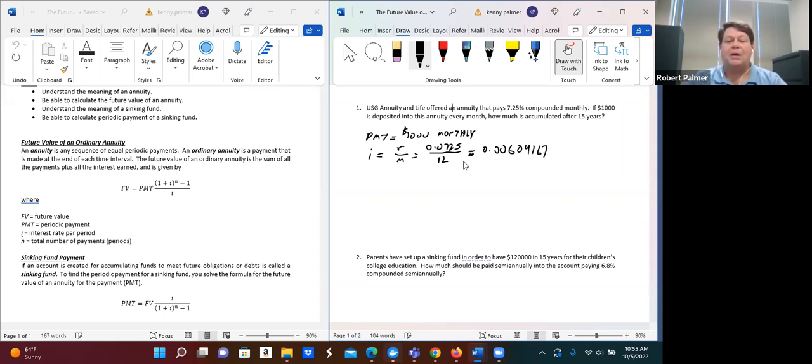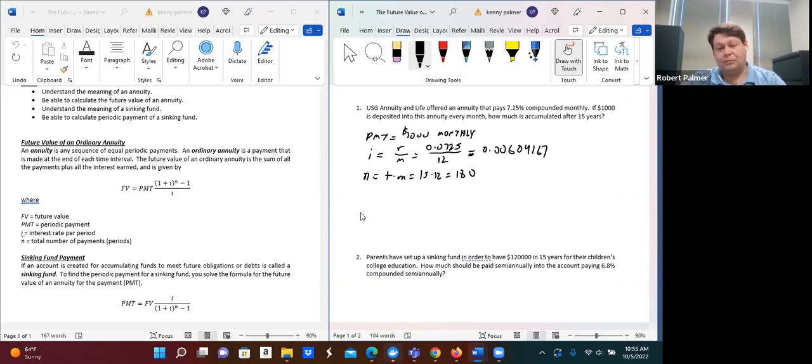I'm going to keep all those, to make it as accurate as possible. And also then my N is the total number of compounding periods. So that's going to be my time T times M, the time in years times the number of compounding periods per year. This will be 15 times 12, which is 180.